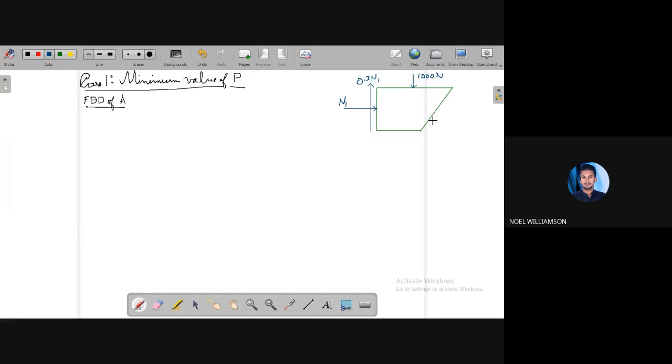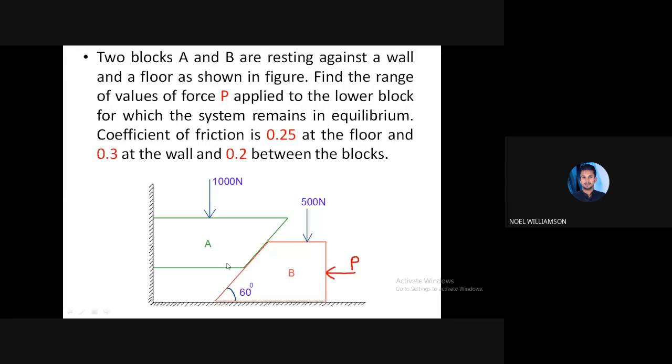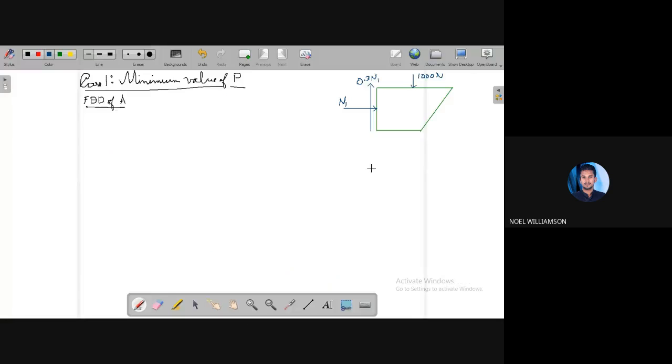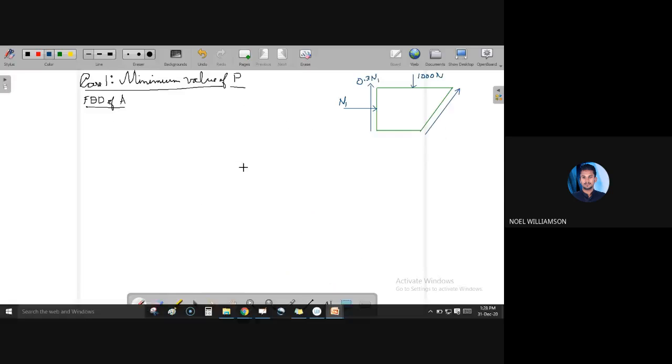Now on this surface, A is moving downwards, so the friction will be in the opposite direction, in this particular direction. Between the blocks, the value of mu is 0.2.